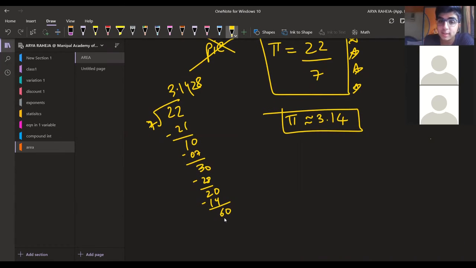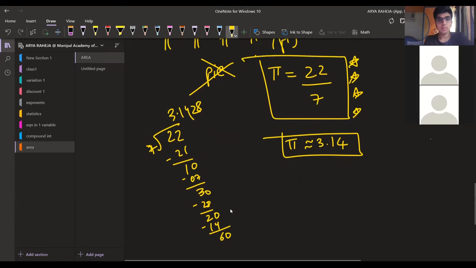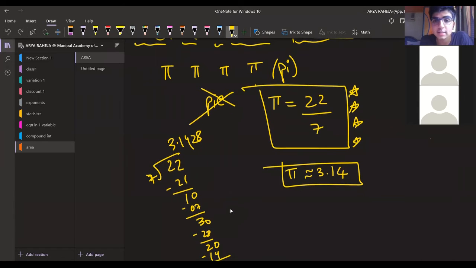Remainder will never come 0. तो कभी अगर bored हो तो divide 22/7 and check where it ends.